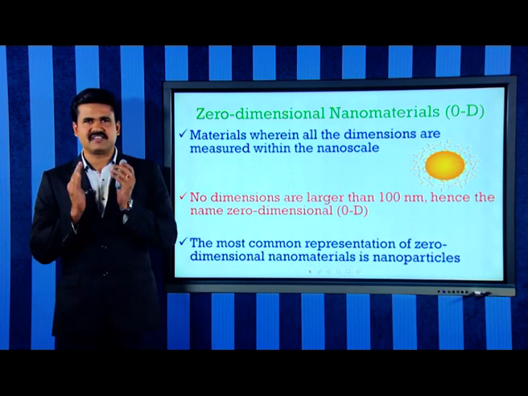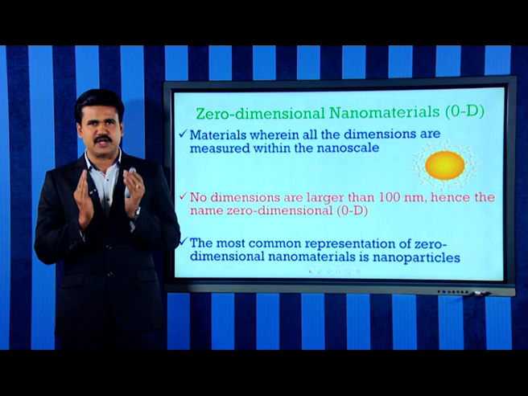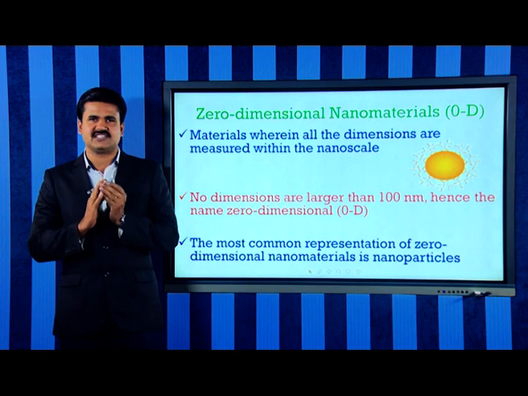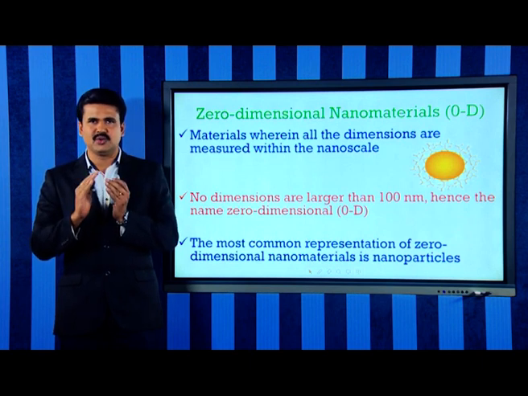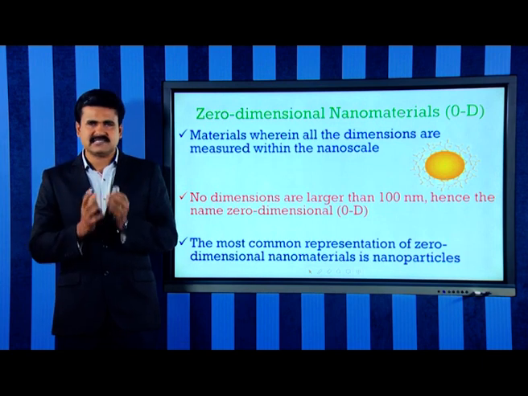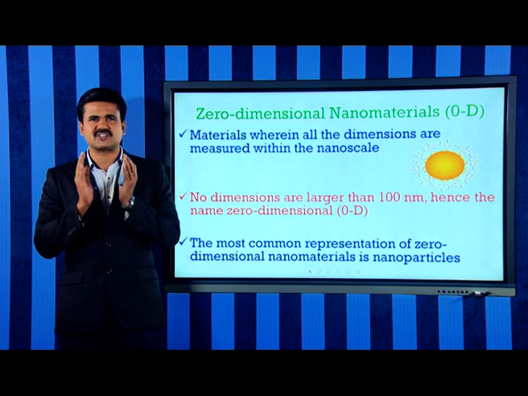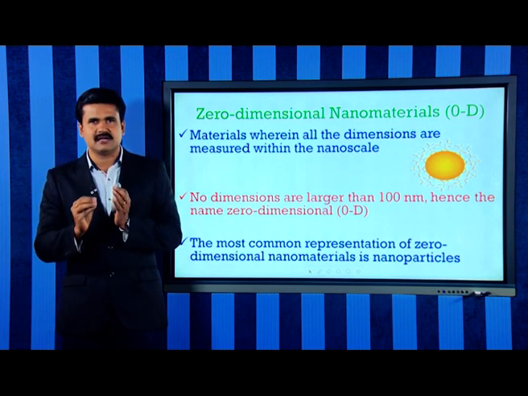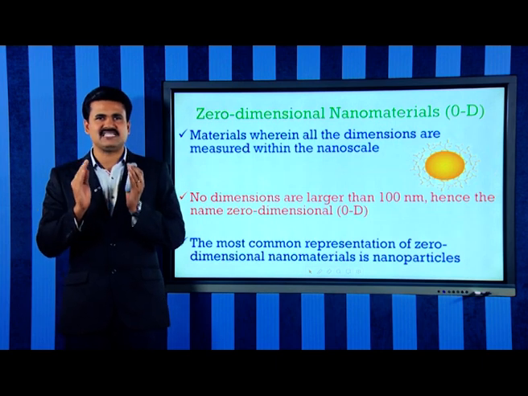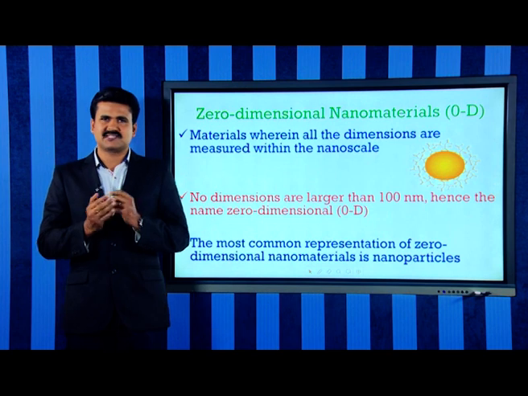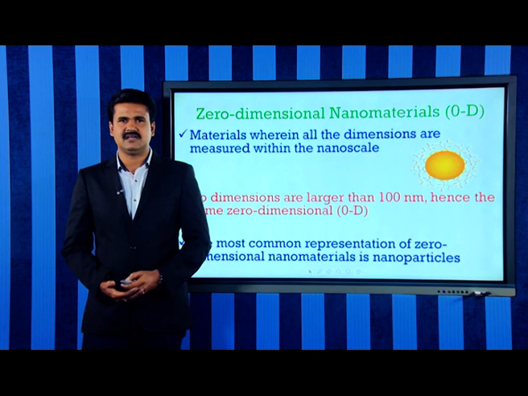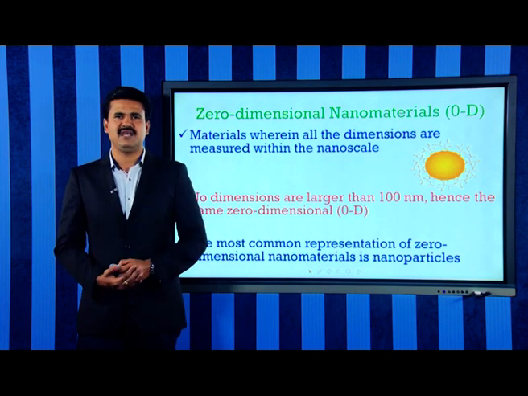That is, whenever we are considering such a zero-dimensional nanomaterial, x direction, y direction as well as z direction, there will be no size other than nano. That is, simply a zero-dimensional nanomaterial is having nano dimension along all the coordinate axes. The most common representation of zero-dimensional nanomaterial is our simple nanoparticles.